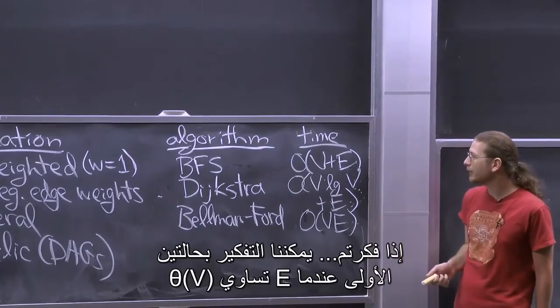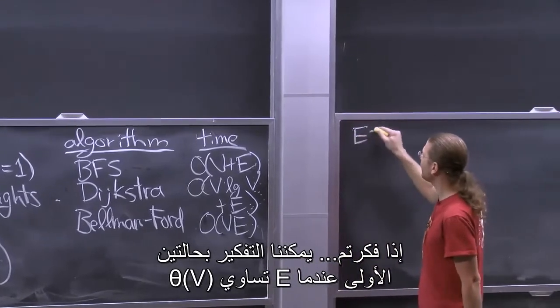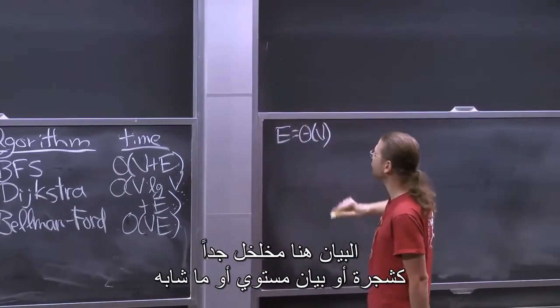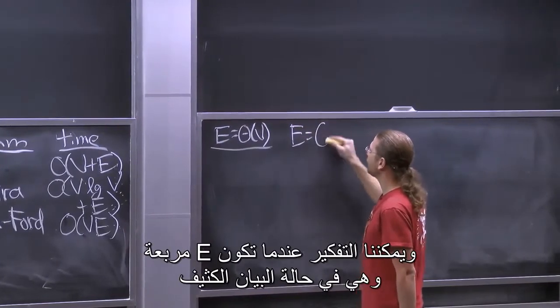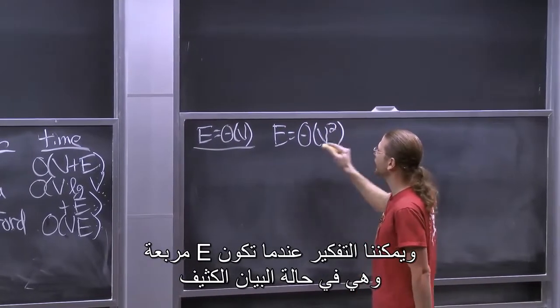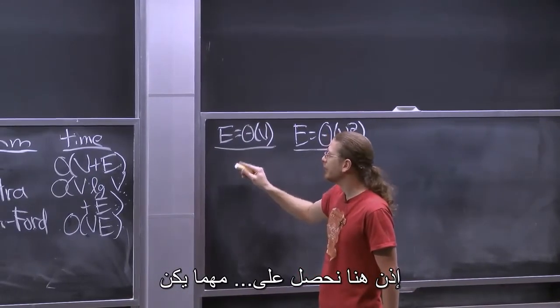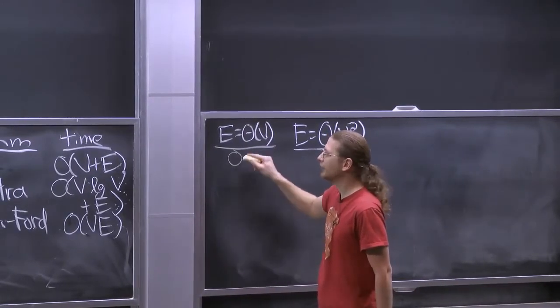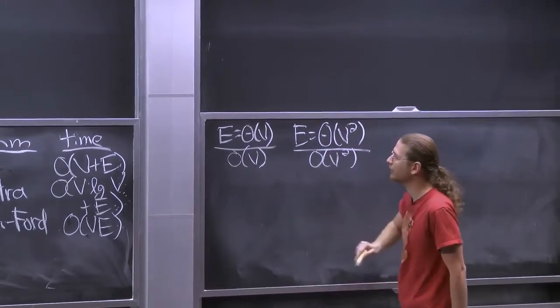We can think of two situations. One is when E is theta V, a very sparse graph, like a tree or a planar graph or something. And we can think of when E is quadratic. That's the dense case. So here we get V and V squared for BFS.